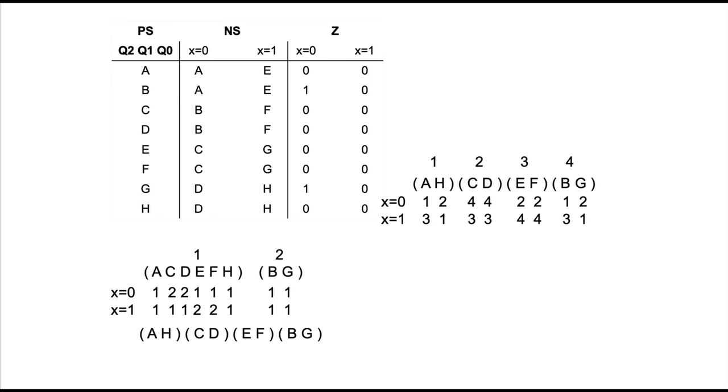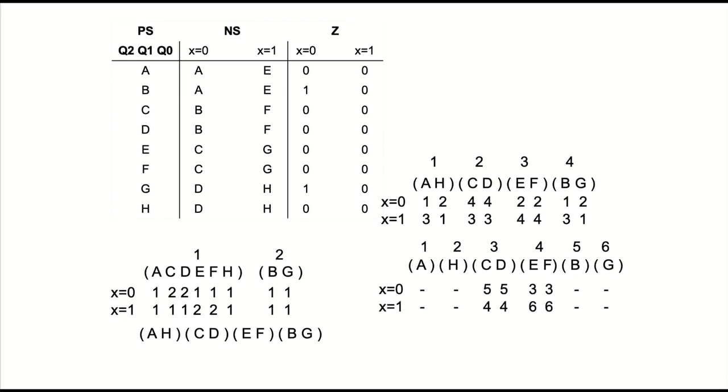Yes. Okay, so A and H split and B and G split. Now it's getting a little tedious, but one of our saving graces is once a state's by itself, I don't need to figure out what the next groups are.